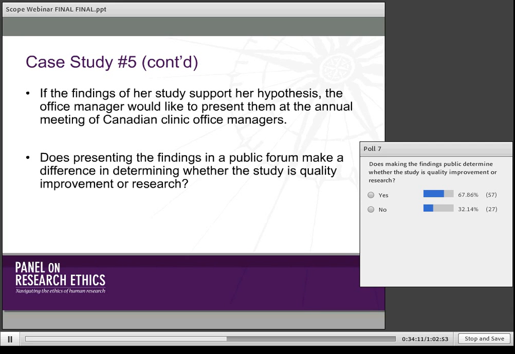We still have some votes coming in, although we seem to have stabilized. So 68% of the polling respondents say that yes, making the findings public determines whether the study is quality improvement or research, and 33% believe that is not the case. I'm now closing the poll. Thank you.